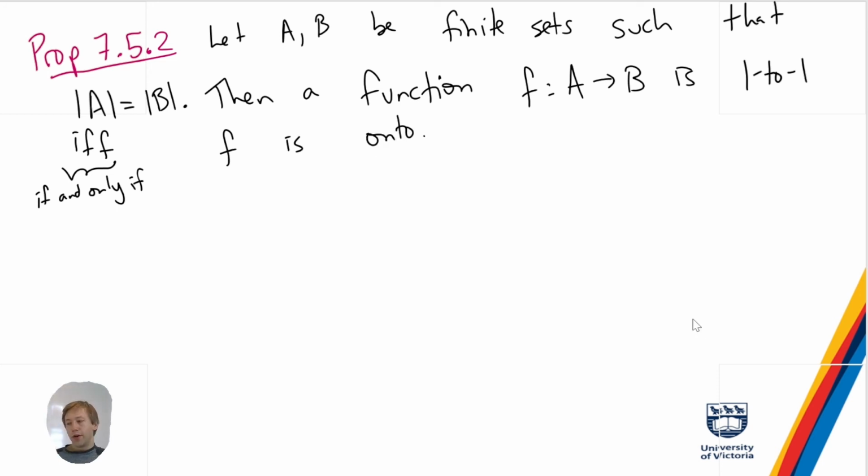Okay, so the point is that if you already know that the two sets have the same size, then being one-to-one is exactly the same thing as being onto.